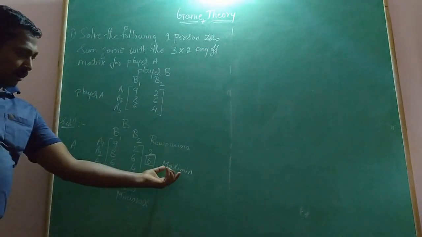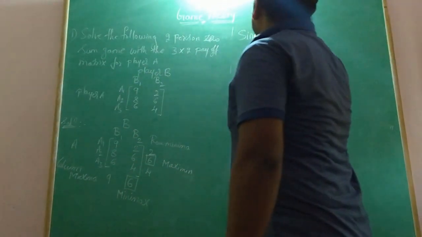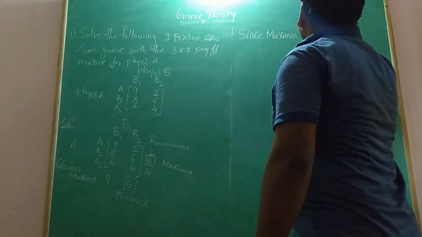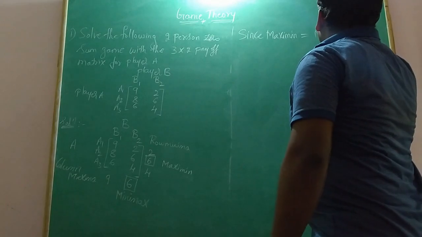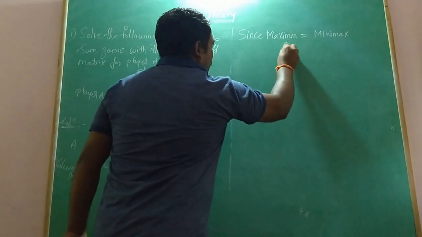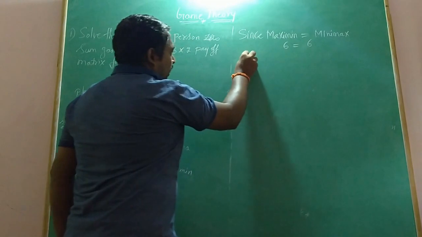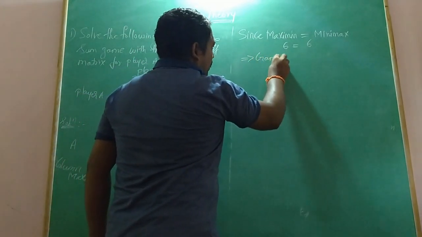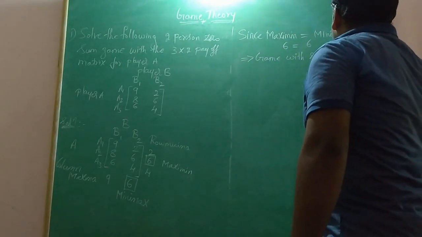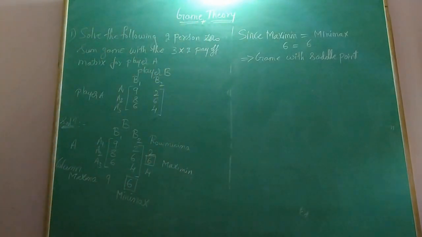After finding the values of maximin and minimax, you write: since maximin is equal to minimax, that is, the maximin value is 6 and the minimax value is also 6, this implies the game has a saddle point.